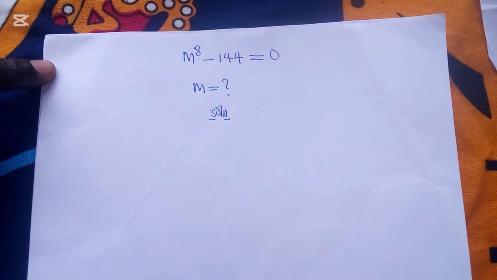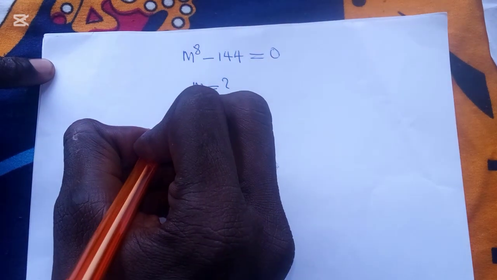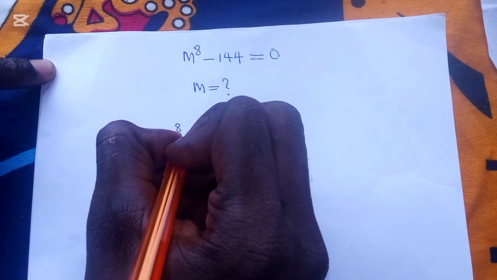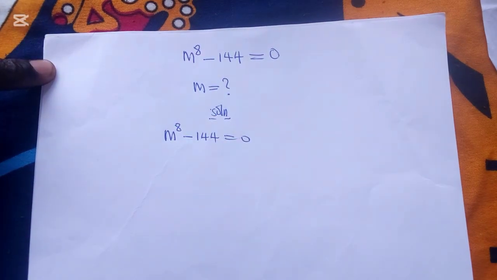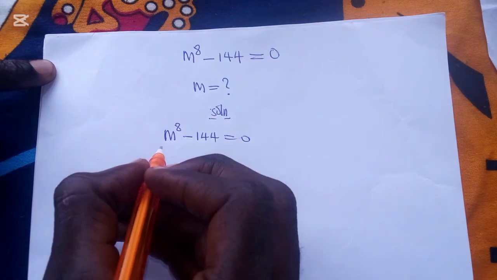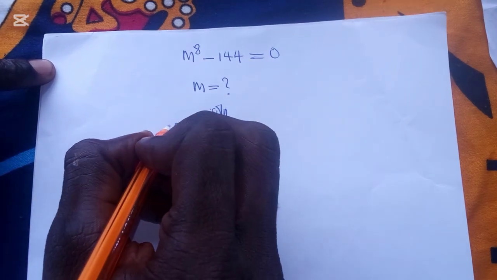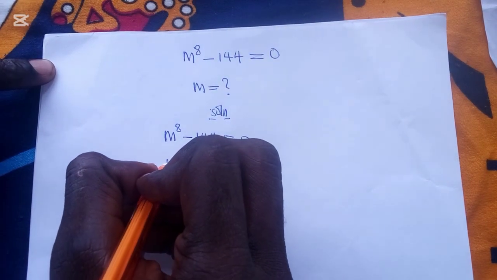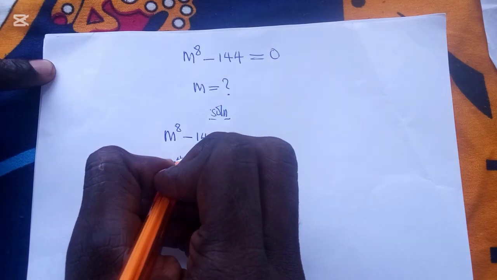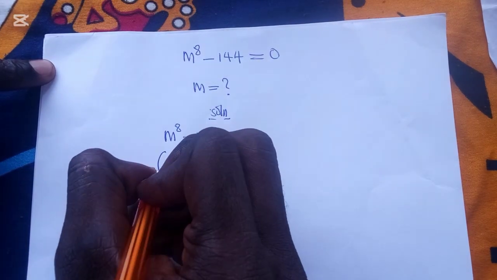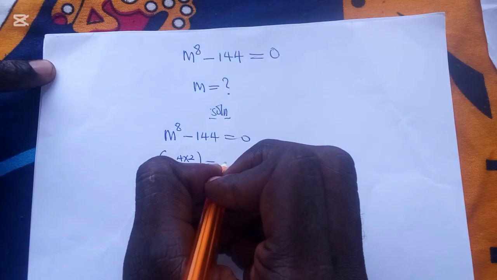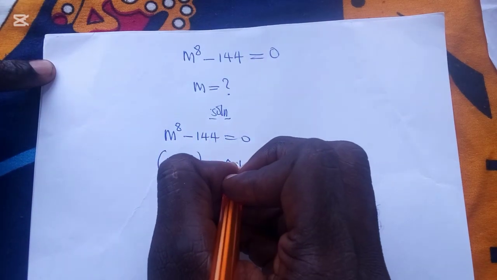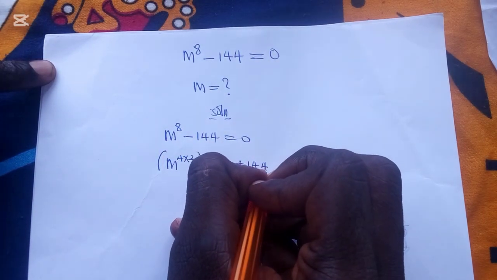Since we are given m raised to the power 8 minus 144 is equal to 0, recall that m raised to the power 8 can also be expressed as m raised to the power 4 times 2. When 144 moves across, we have plus 144.